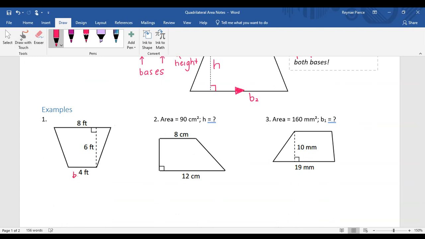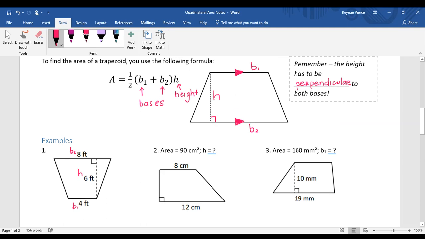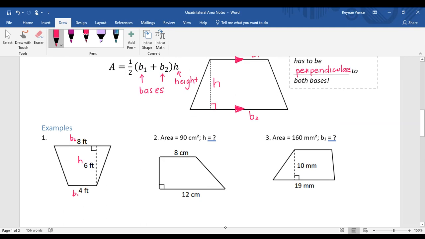If you like putting the small number as the first base and the bigger number as the second base, that's totally fine. That right angle symbol is going to help us find our height. So again, I'm just now going to substitute those values into this equation, because I'm trying to find the area.